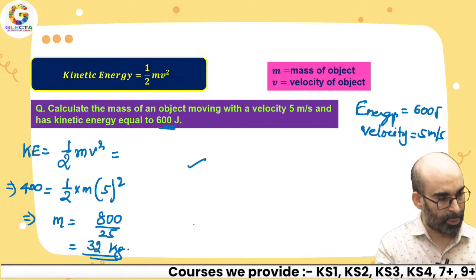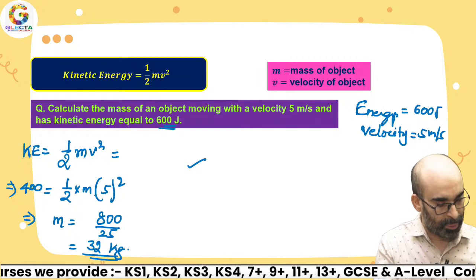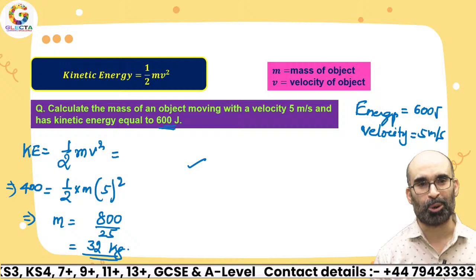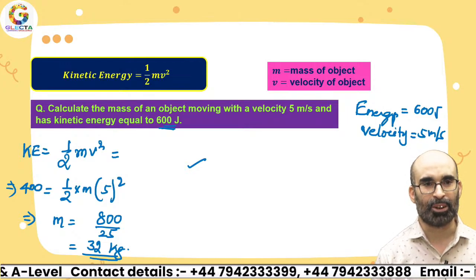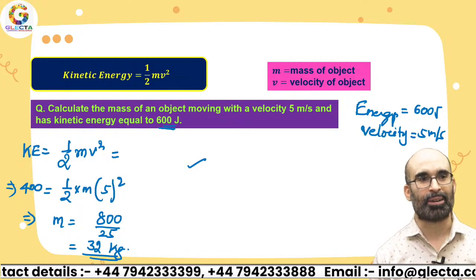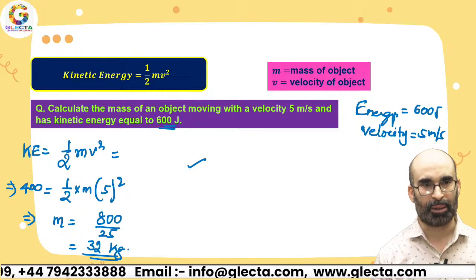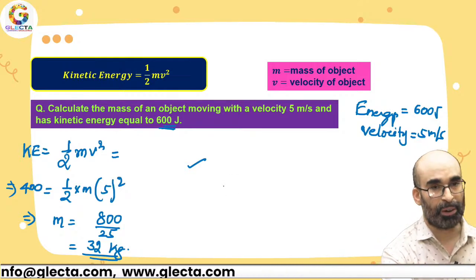Is that so? Did I do anything wrong? Come on, do the calculation correctly. Advait, did you get 32 or 48? I got two answers. Why is that? 32, right? Not 48. Okay. Very good.